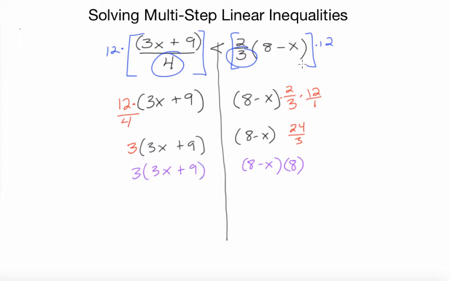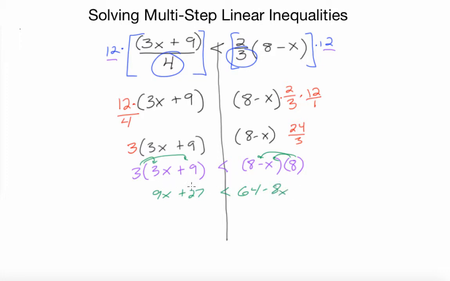So all we've done so far is multiply both sides by 12 and then simplify things out. And now I have an inequality that has no fractions in it, so it becomes a whole lot easier to solve from this point on. Let's distribute the 3. 3 times 3x gives me 9x plus 27, is less than, and let's distribute the 8: 8 times 8 is 64 minus 8x.